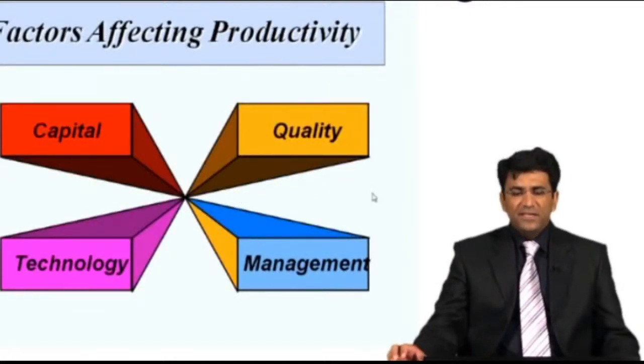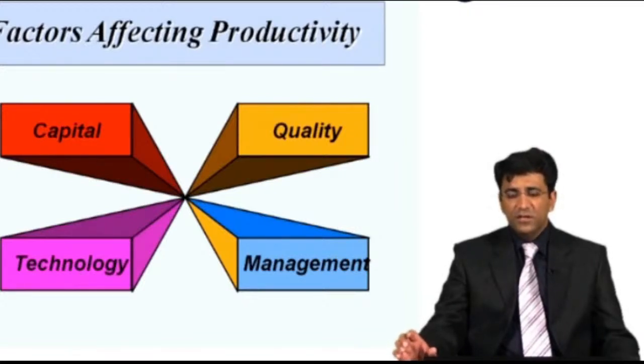Students, there are some important factors with respect to productivity, and if we give due consideration to these factors, we can enhance productivity in our organizational settings. These factors are capital, like machinery, then quality, that is the quality of the goods and services, then technology, which may be used in the transformation process to produce the final goods and services, then the management style and management activities, the way the manager is performing the different activities, which is also very important.